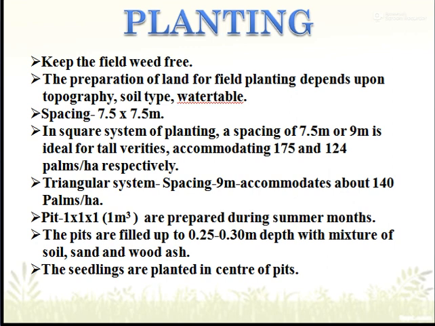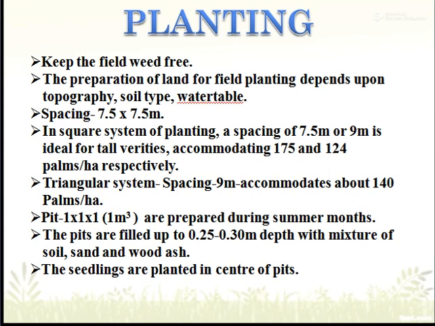The recommended spacing of coconut is 7.5 by 7.5 meter for the square system of planting, and up to 9 meter is ideal for the tall varieties, accommodating about 175 plants per hectare if the spacing is 7.5 meter, and 124 plants per hectare if the distance is 9 meter.